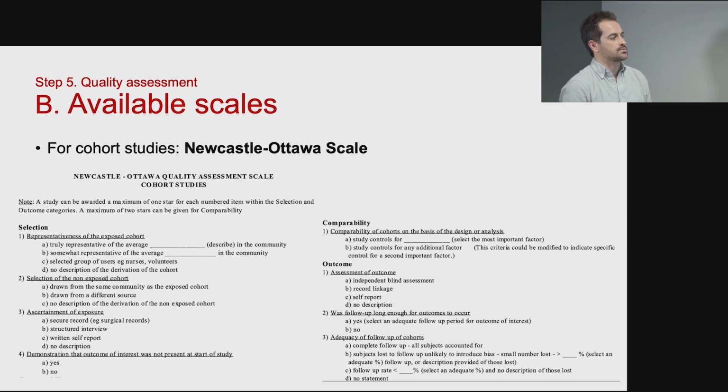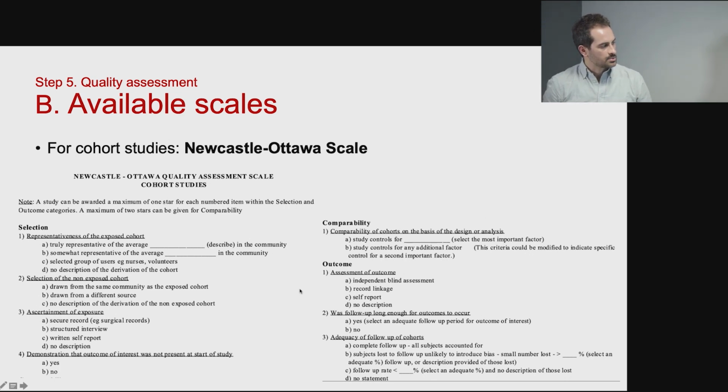The first criterion is representativeness of the exposed cohort. So is the cohort truly representative of the community? This is just your judgment. You may want to read the paper. Does the paper use data from a representative cohort from Sweden? You may give a point because the cohort is representative.